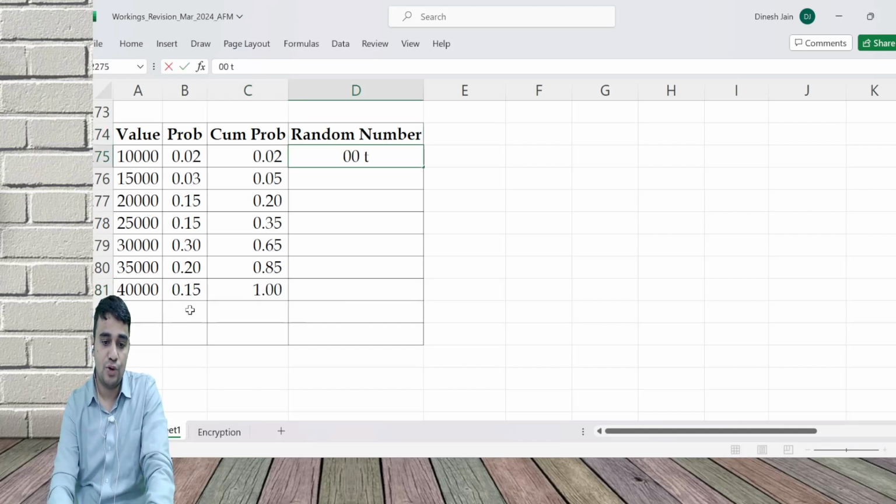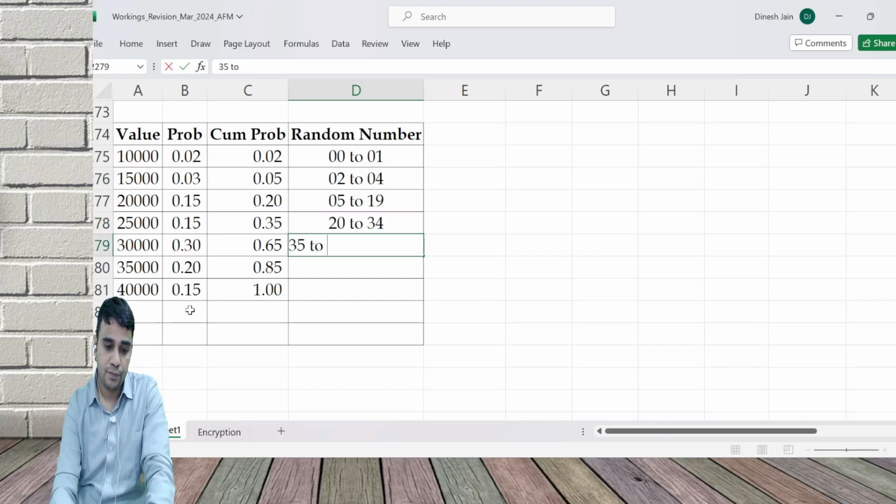Starting with 00 to 02, the number before 2 is 1. Then 03 to 04, 05 to 22, 23 to 35, 36 to 65, and 66 to 85.